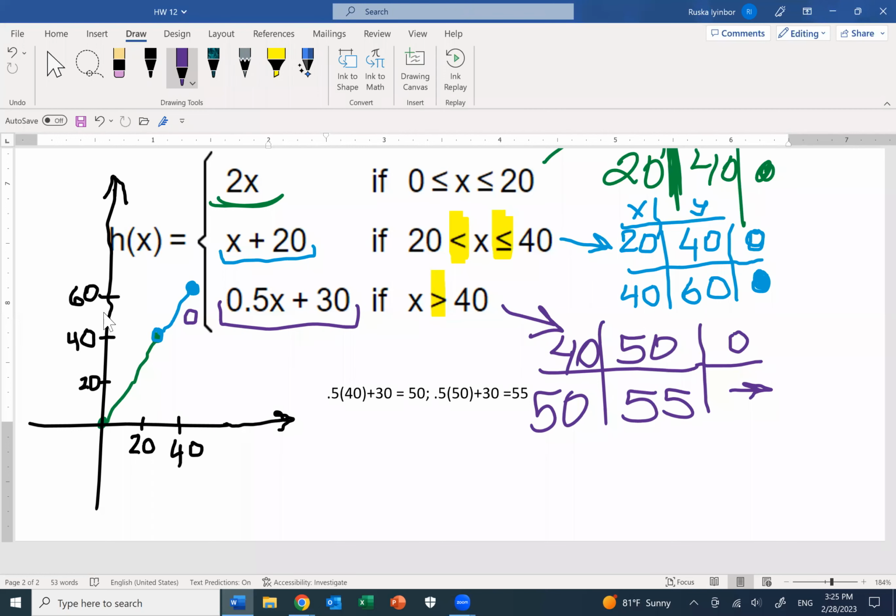That's 50. 50 is between 40 and 50, right? And then the next one is 50. So let's say this is 60. So this is 60 down here on the x-axis. So 50 on the x-axis is going to be here. And then 55. So the line is going to go this way somewhere.